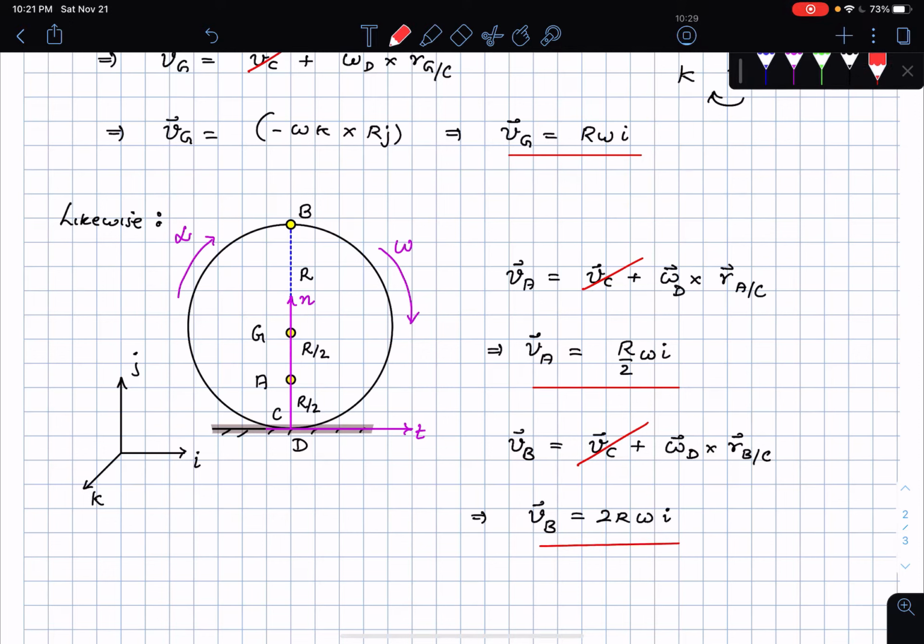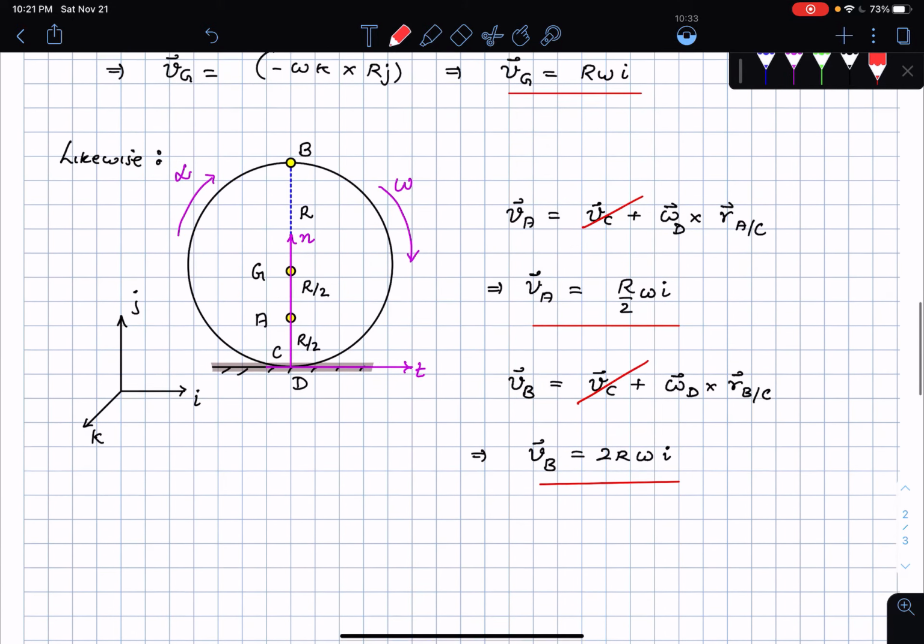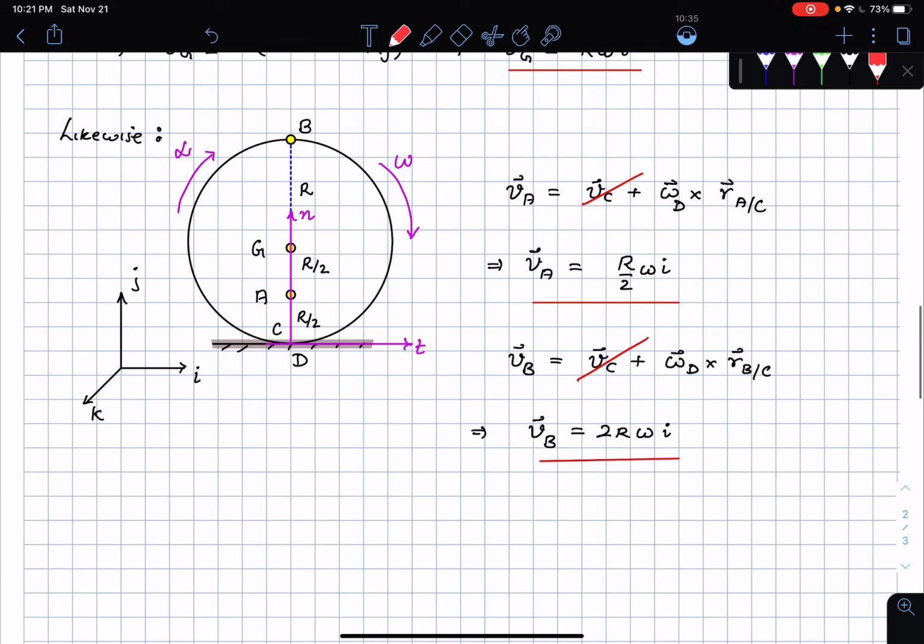Why am I looking at the points B and A is because the spring and the damper are attached at those points. The damper is attached at the point B. Since one end of the damper is fixed, the relative velocity between the ends of the damper is essentially going to be VB.